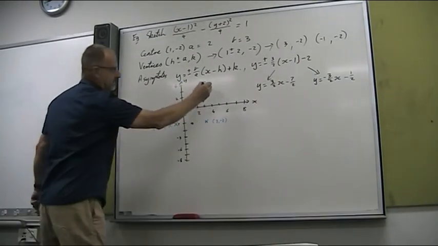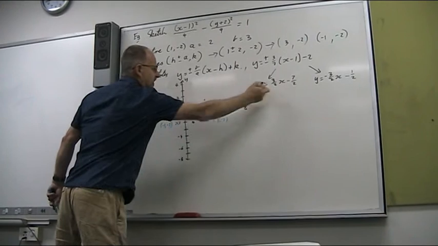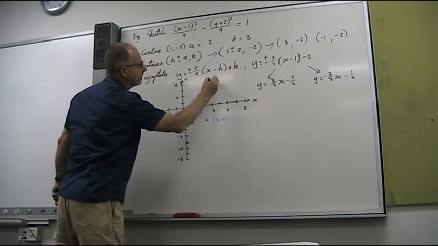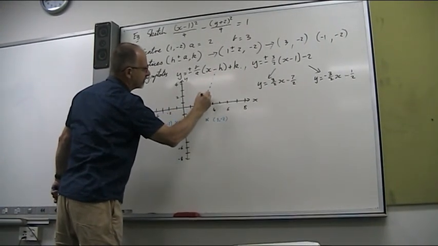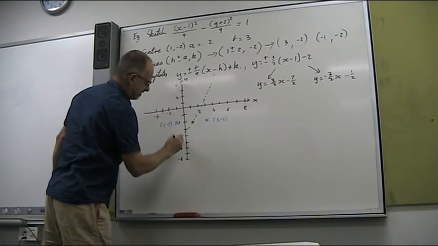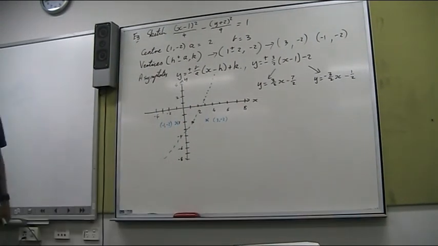So this asymptote, if I draw it straight instead of curved, goes like that.